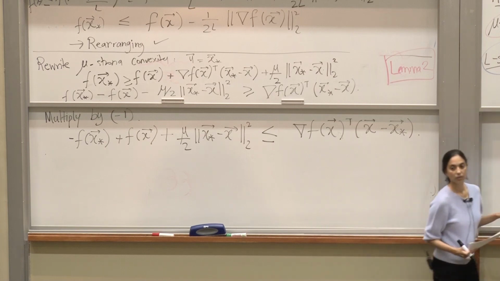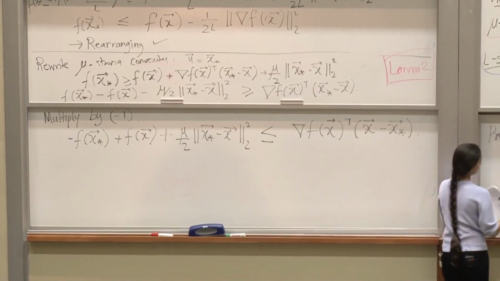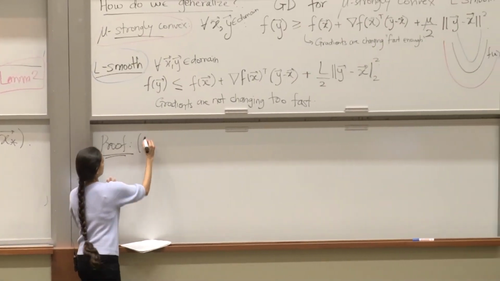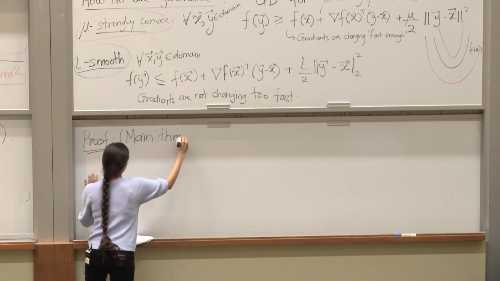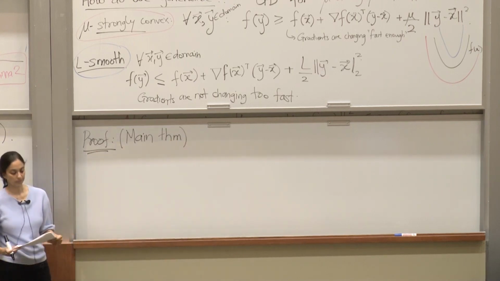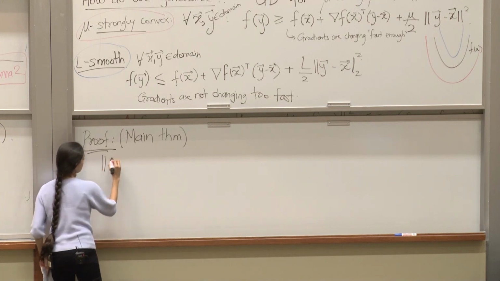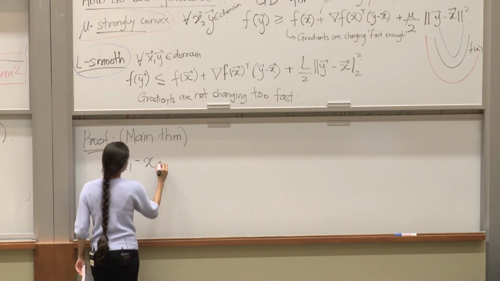Okay. So, proof of main theorem. What do we want to do? We want to say something about the distance at time t plus 1 from our optimum.